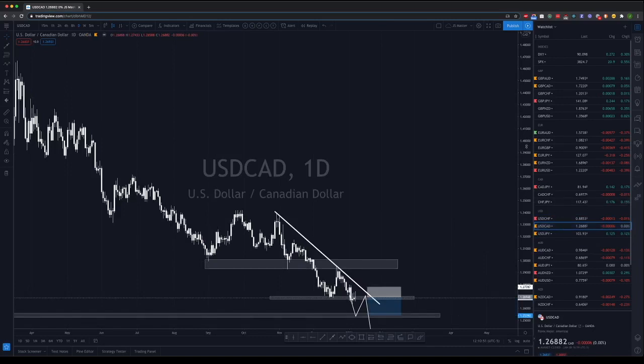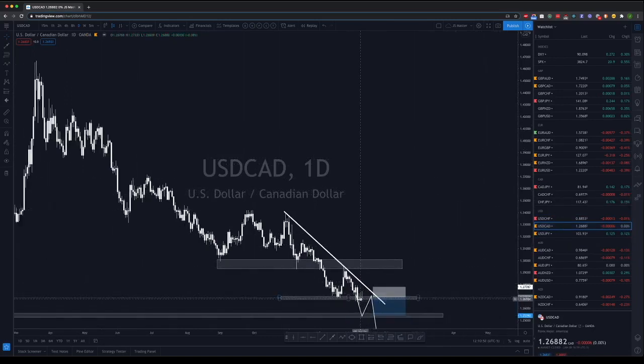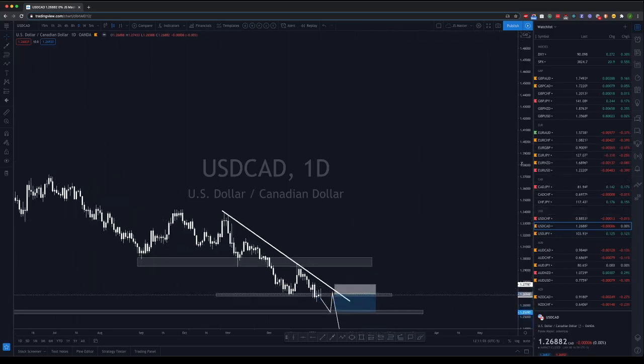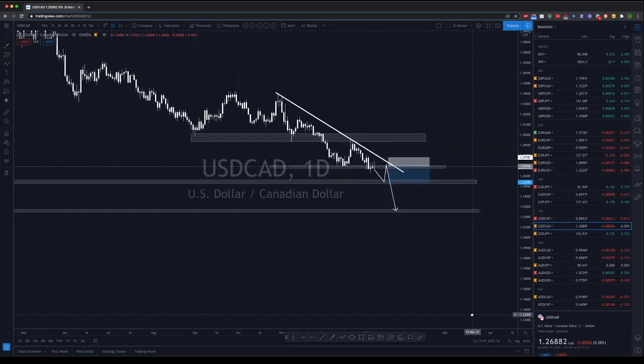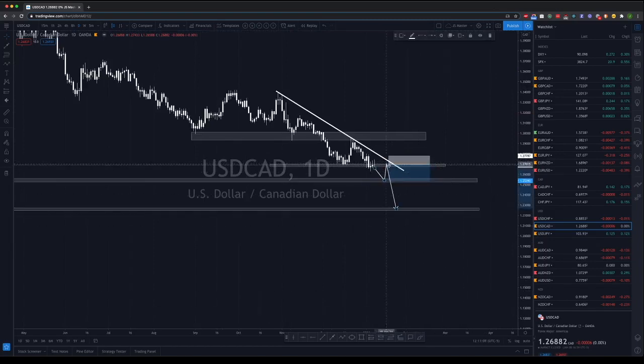USDCAD. All right, so this one, I'll leave this one as yellow and just update this a little bit so we know. All right, so what I'll be looking for is a move like this, right?